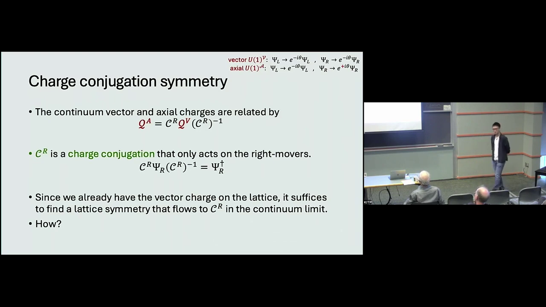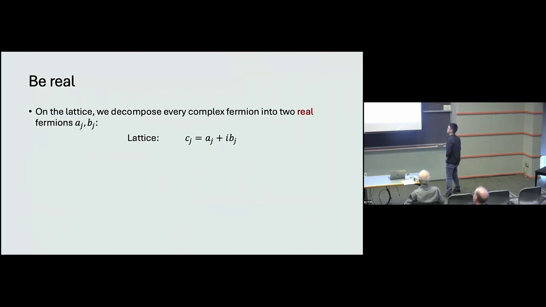Okay, so the question is, how do we realize this charge conjugation symmetry on the lattice? Now, throughout the entire talk, we only have one trick, really just one trick. The trick is to be real. So on the lattice, we want to decompose every complex fermion in terms of a pair of real fermions.